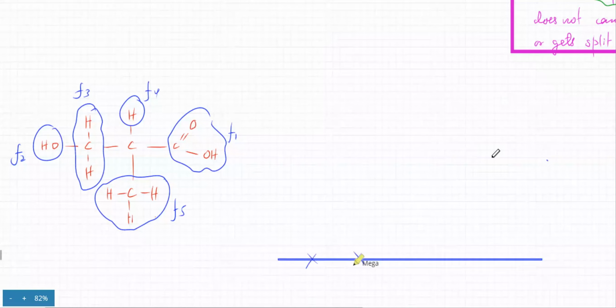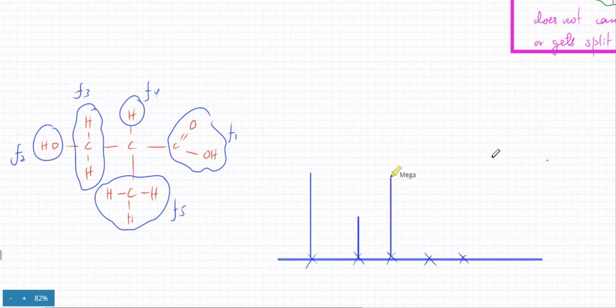So F1, F2, F3, F4, and F5. And we're going to discuss the heights and the splitting as well.